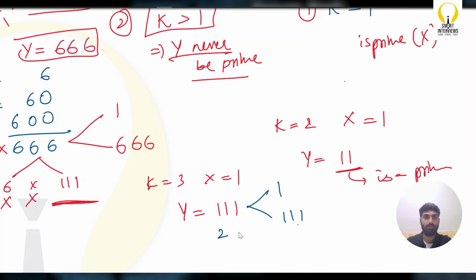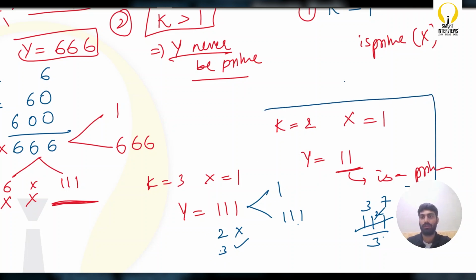Can we divide with 2? No. Can we divide 111 with 3? We can divide with 3, remaining is 2, this is 21, 21 is 7, so we'll get 37. So we can divide using 3. So only it will be for this case, right?